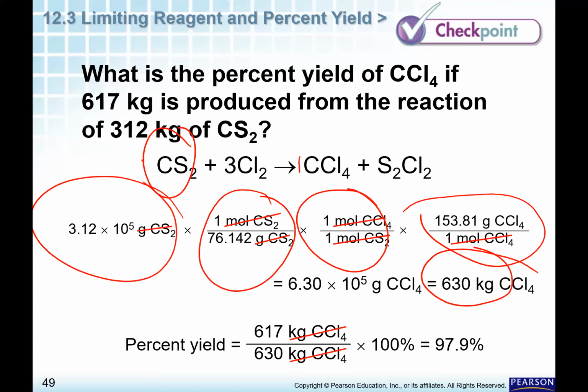If what I said toward the end, I said if for any reason you get an answer here that is more than 100%, then always, we said that the actual is always less than the theoretical. So imagine somebody made a mistake and he put 630 divided by 617, then he's going to get something like maybe 105%.